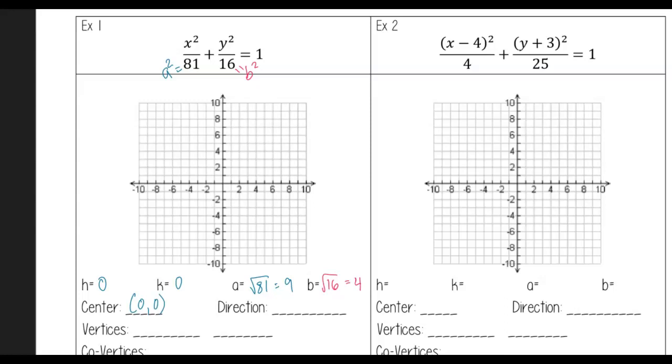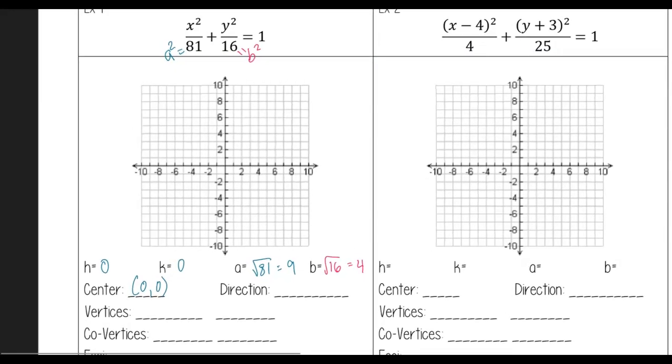So now, what type of ellipse is this? Vertical or horizontal? Is the bigger denominator under the X or under the Y is the question.